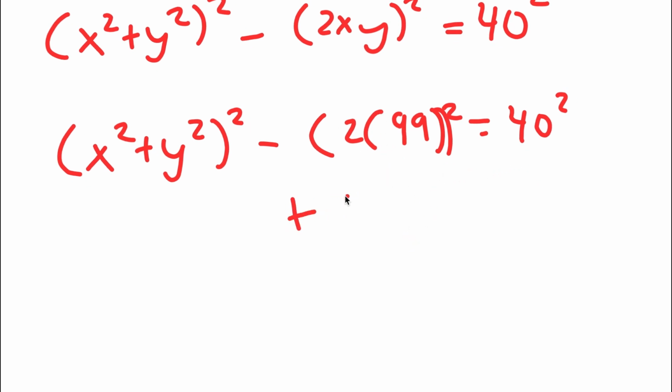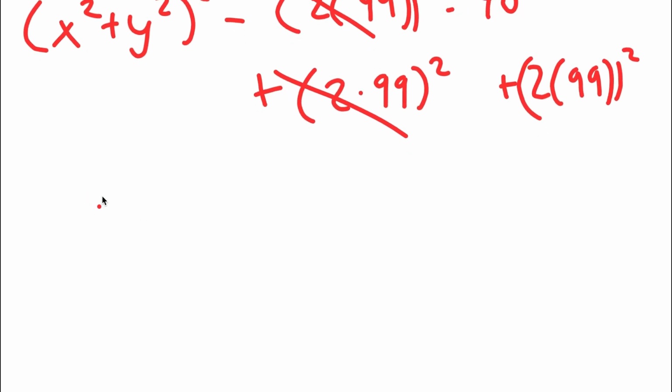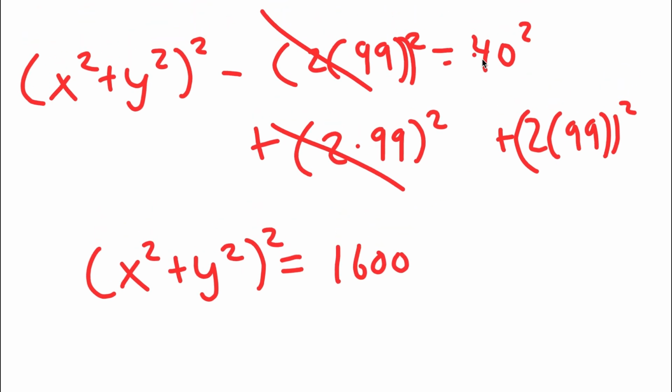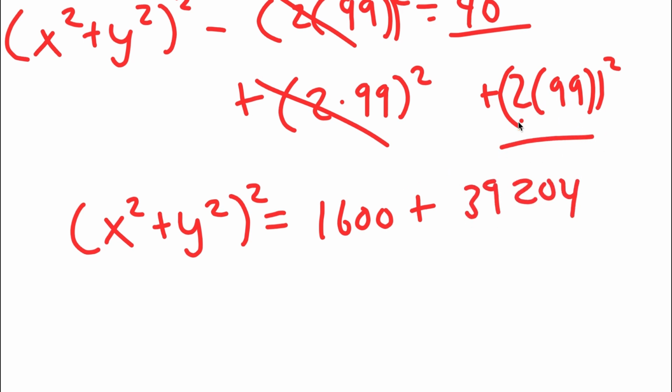And now if I add (2 times 99) squared on both sides, I get (x squared plus y squared) squared is equal to 1600, which is the value of 40 squared, plus 39,204, which is the value of (2 times 99) squared.